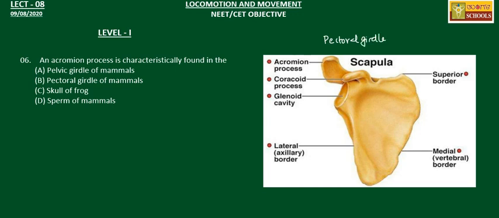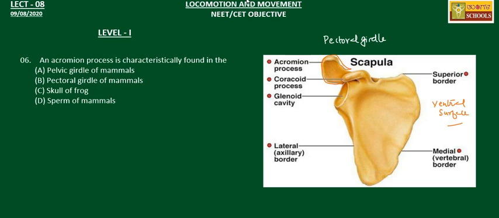Here I'm showing you the ventral surface of the scapula, because the dorsal surface will show a spine on it. This will be the ventral surface, and you can see a projection. This part is what we call the acromion process.